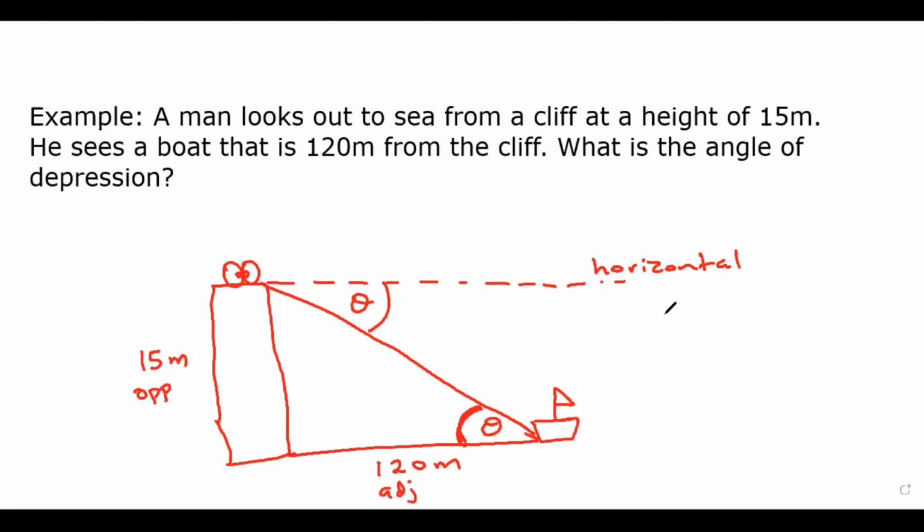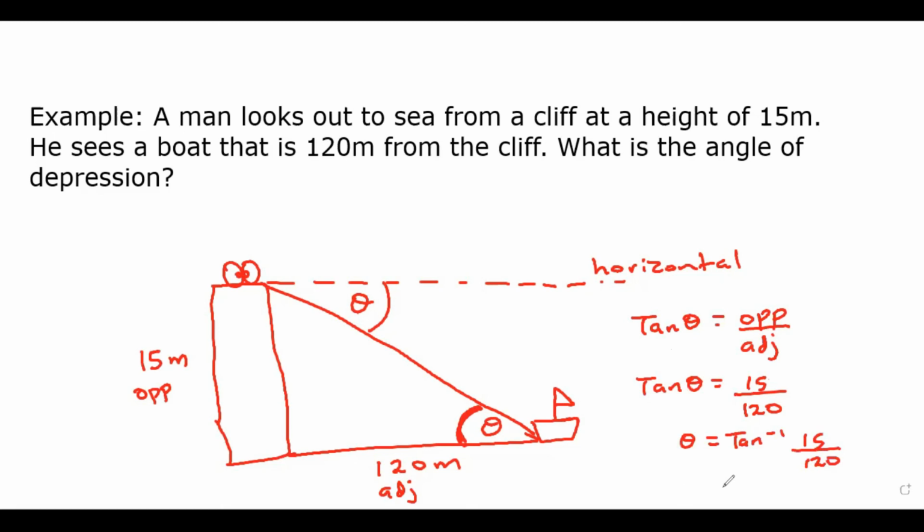So again, the formula that has opposite and adjacent would be tan. So it's tan of the angle is equal to opposite over adjacent. We don't know what the angle is, opposite is 15, and adjacent is 120. So the angle is equal to the inverse tan of 15 over 120.